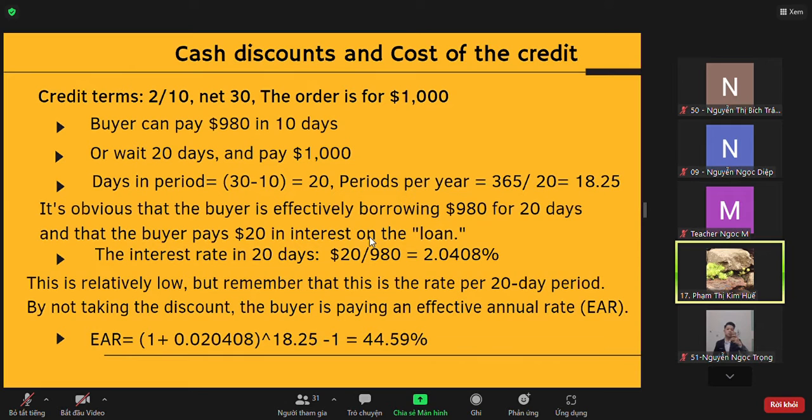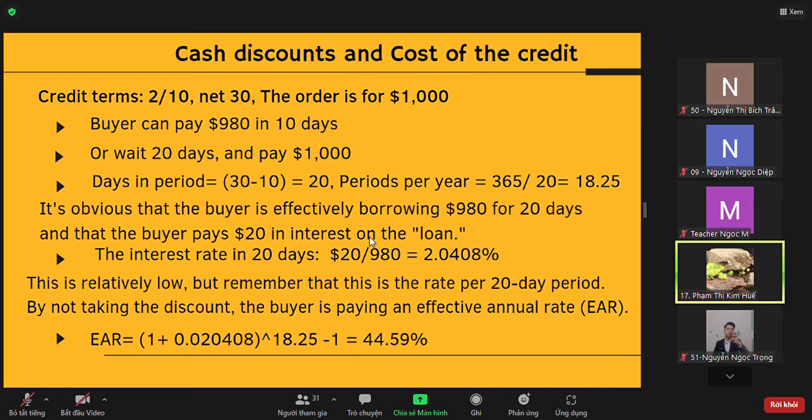The next is cash discount and the cost of credit. In this case, we have credit terms of 2/10 net 30 and the order is for $1,000. The buyer has two options.